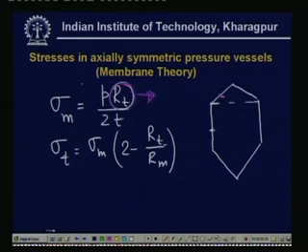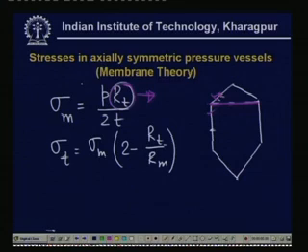So, if you draw this R T, then you will see that the R T at this point, whether you look from this side or that side, will be the same. So, therefore, if there is a discontinuity in cross sections, that is a geometrical discontinuity, then sigma m is continuous.